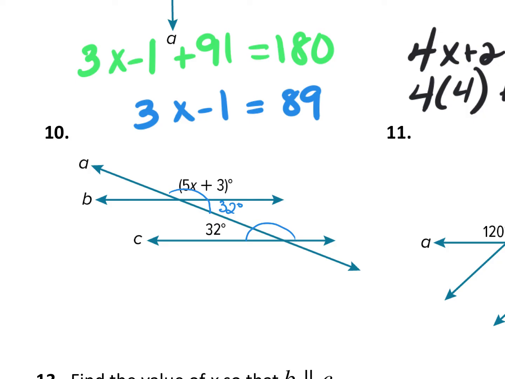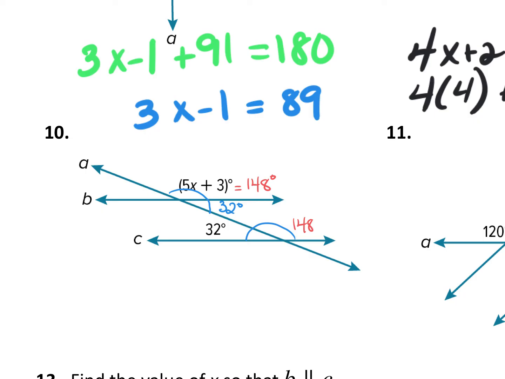So to find the measure of the other angle, we need to take 180 minus 32, and we get 148 degrees. So this angle is 148, and therefore the angle represented by 5x plus 3 is also 148 degrees.